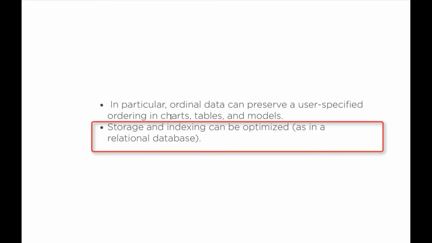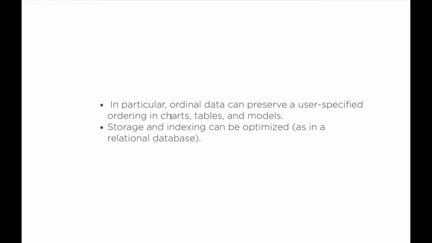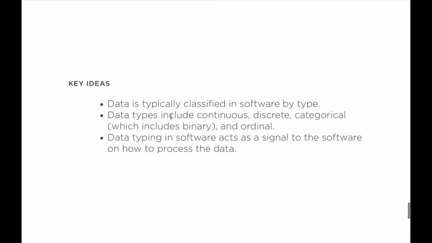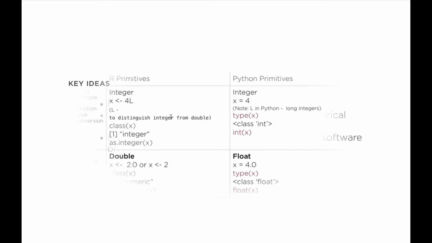We can also use it in terms of storage and indexing, which can be optimized in this case. So the key idea to take from different types of data is that data is classified in software by type, and while using software, we need to use it as a signal on how to process our data.